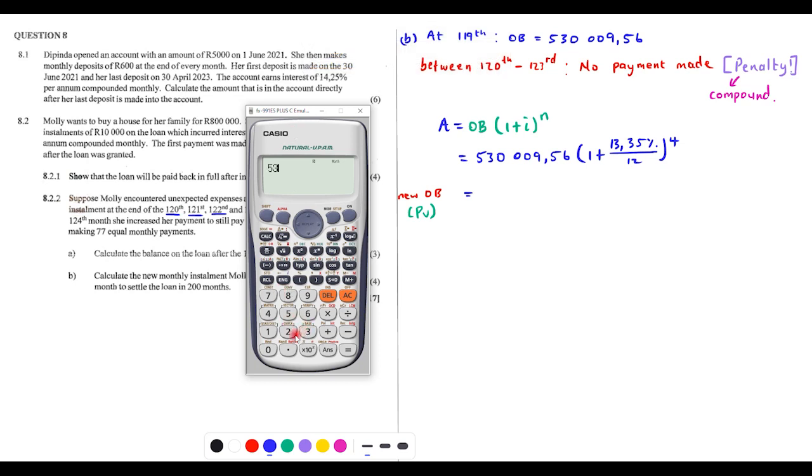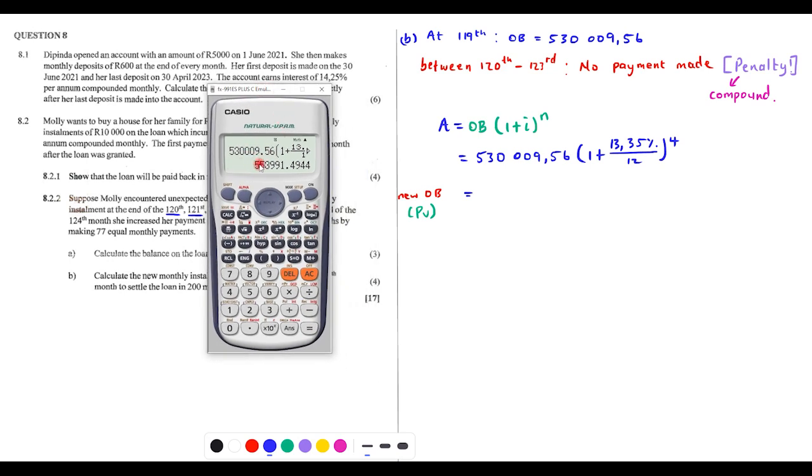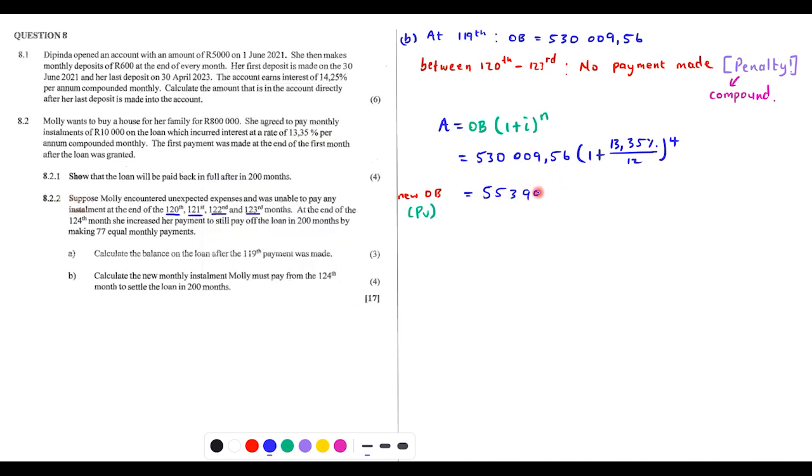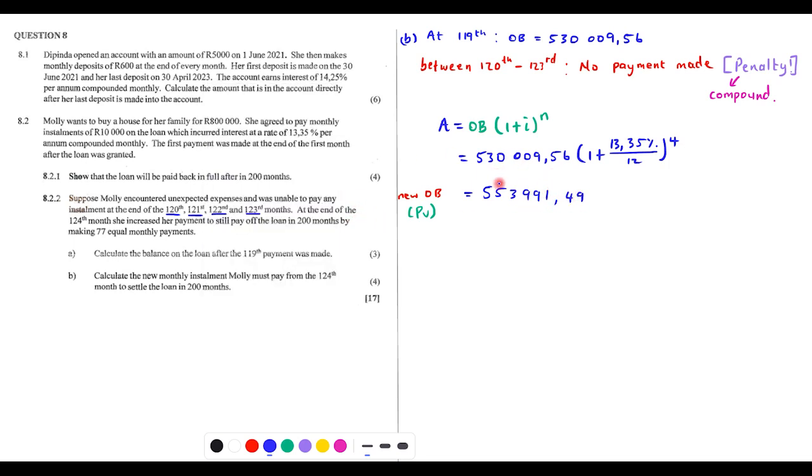So this one grows at 13.35%, divided by 12, for 4 months, and then that becomes your new loan. Now the new loan is 553,991.49, right? You can see that it grew by 23,000 or 24,000 in 3 months.